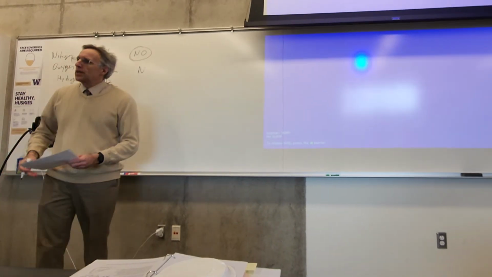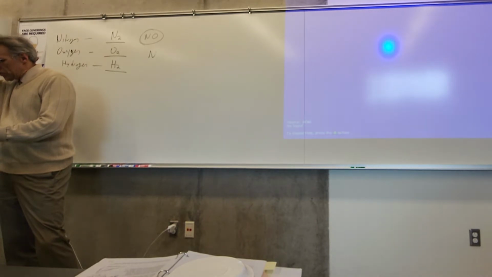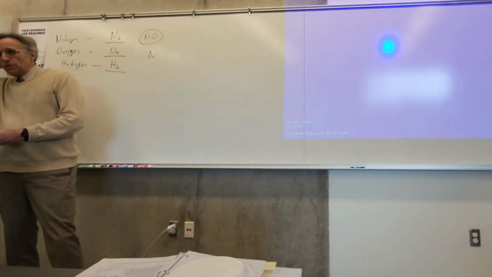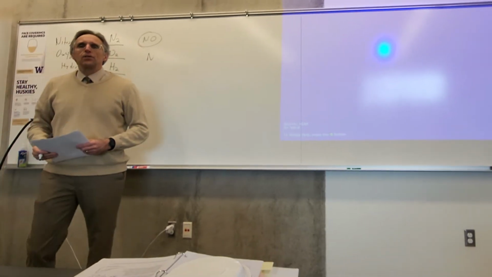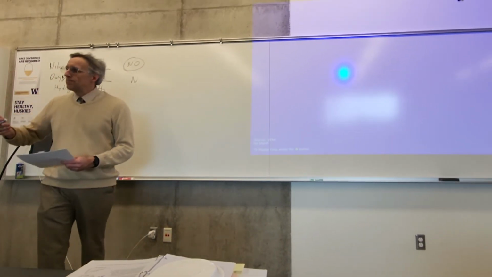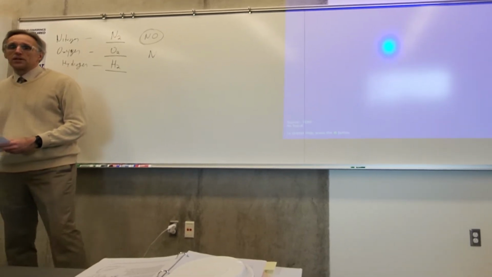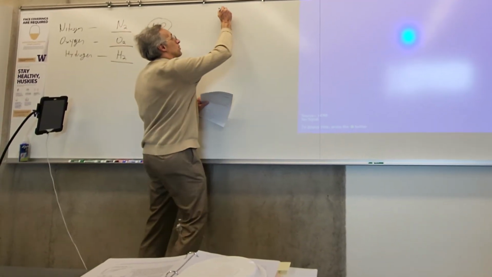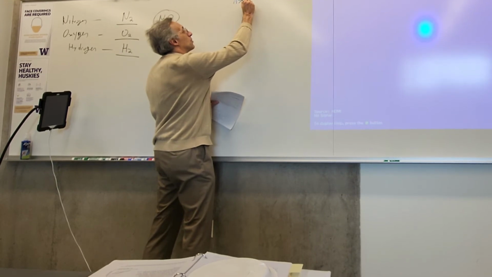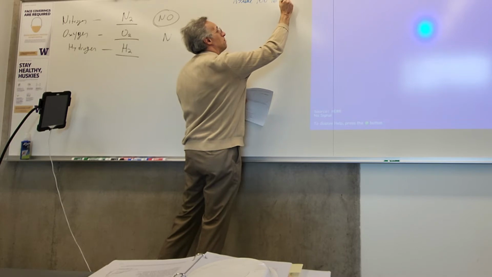So problem 1, we're given the mass percentage of air. It's a 2-component mixture. Probably the easiest way to handle a problem like this is to assume that we have 100 pounds, or 100 grams, or 100 kilograms of the gas. So we'll assume a 100-pound basis.